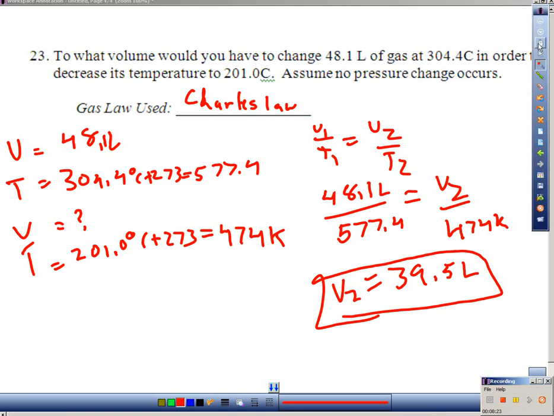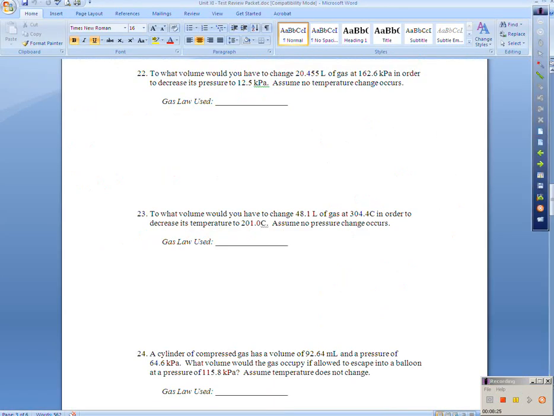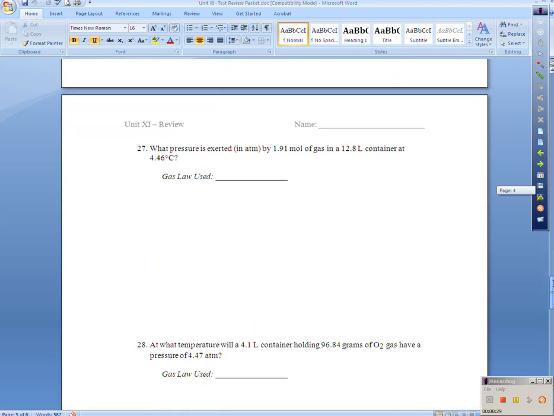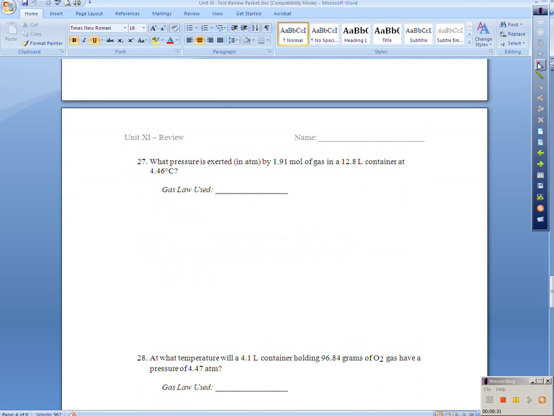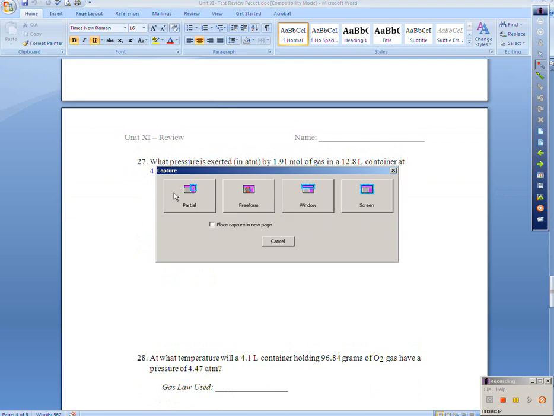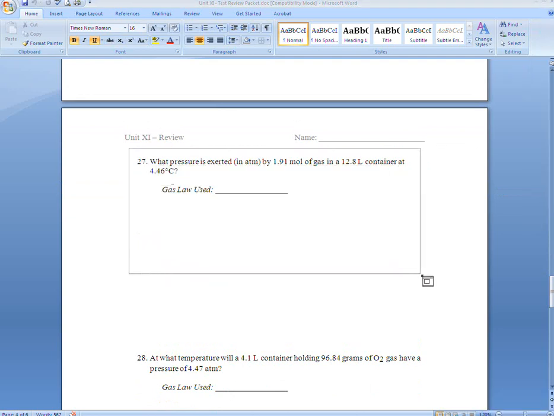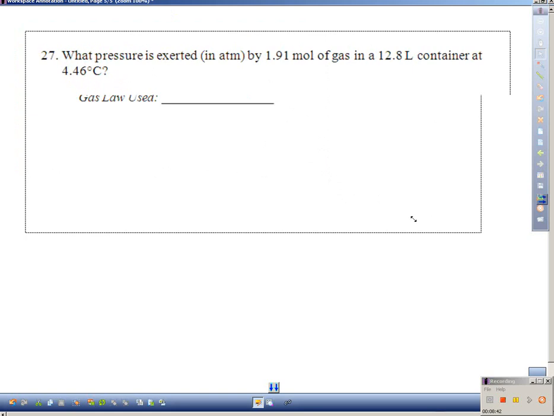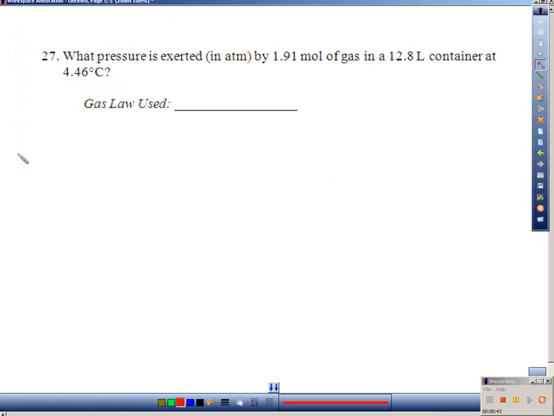Right, so the last one I wanted to do was number 27. Pretty much all the other ones are self-explanatory, you know what to do. So, with 27, what we got is we see moles. So if we see moles, the very first thing we got to think of is PV equals nRT. So the reason why this one's a little bit different, A, it involves moles, B, it's not about changes. It's just describing the actual physical state of the thing.